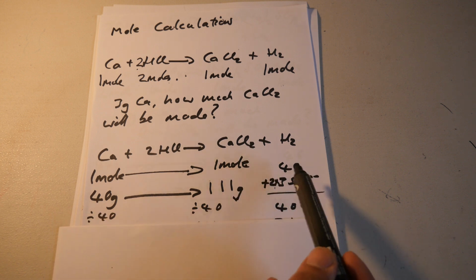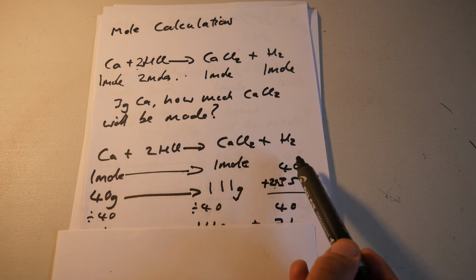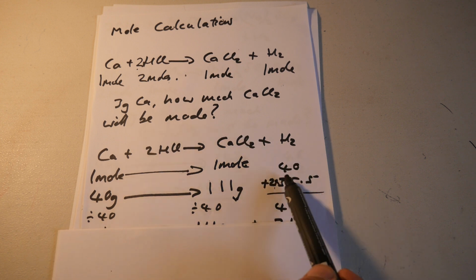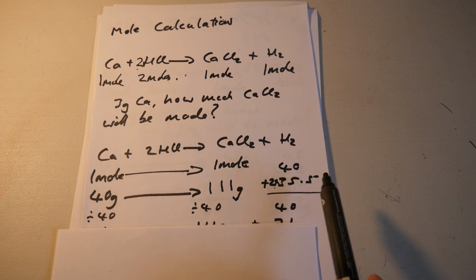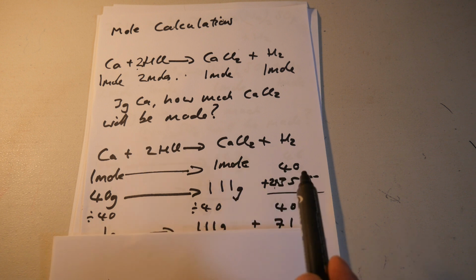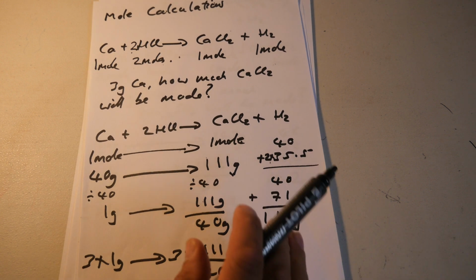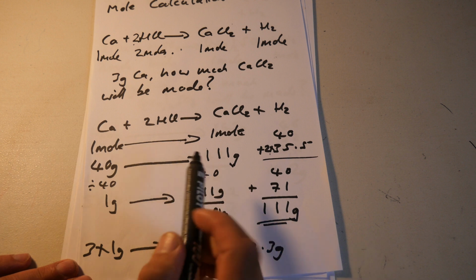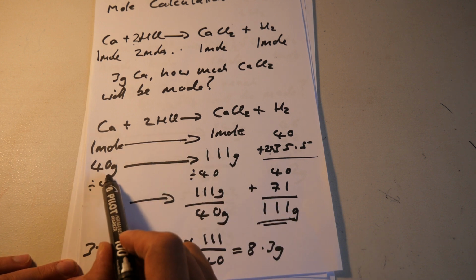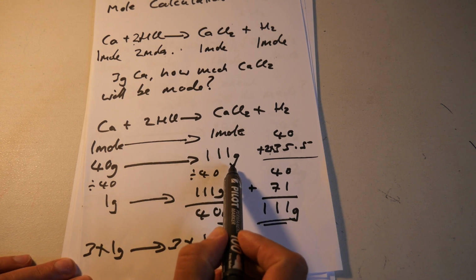Okay, work out from the mass of calcium, which is 40, plus 2 chlorines, both chlorines 35.5. That adds up to 111 grams. So you write 40 grams produces 111 grams.